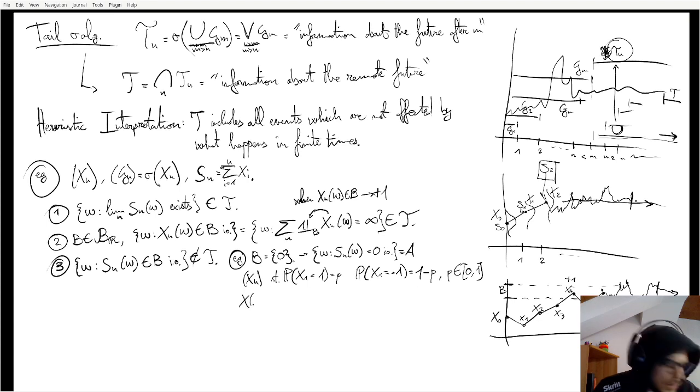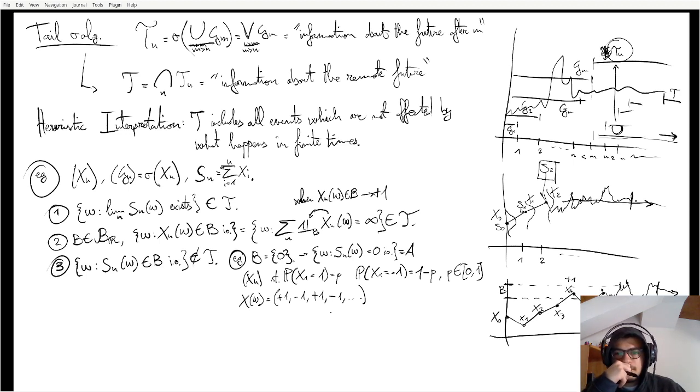Then we have that x of omega, the sequence, will be plus 1, minus 1, plus 1, minus 1, and so on. So this omega is in A.